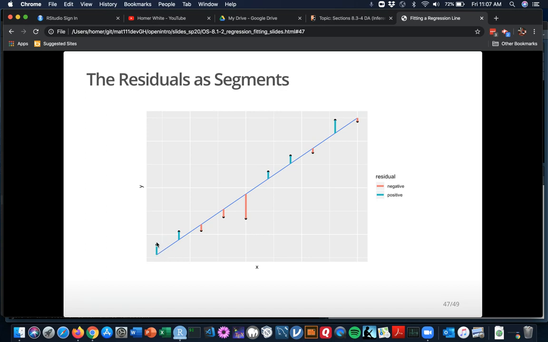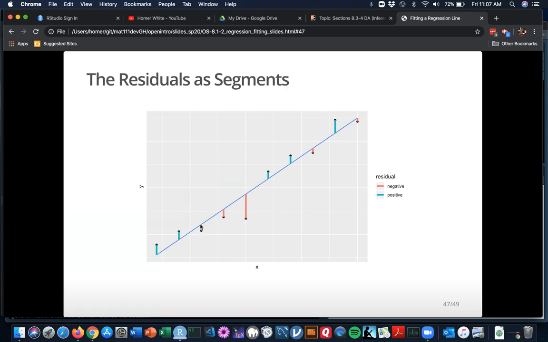Look at this first point. The black point up here is the original data. It lay above the regression line, okay? So the yi, the actual height, minus the y1 hat is a positive number. The residual is positive. This is another positive residual.